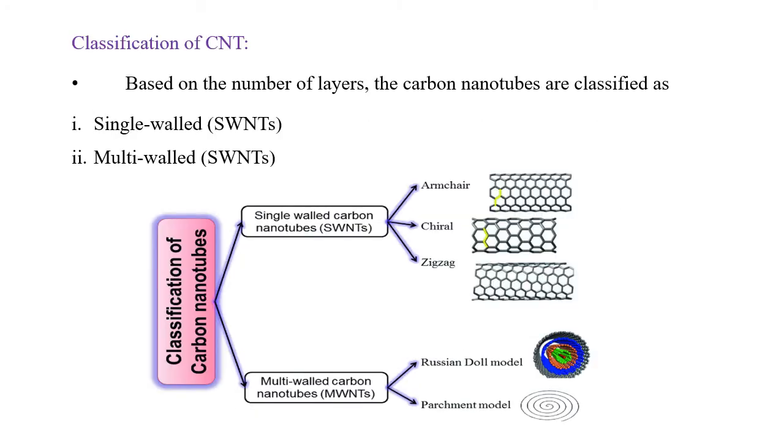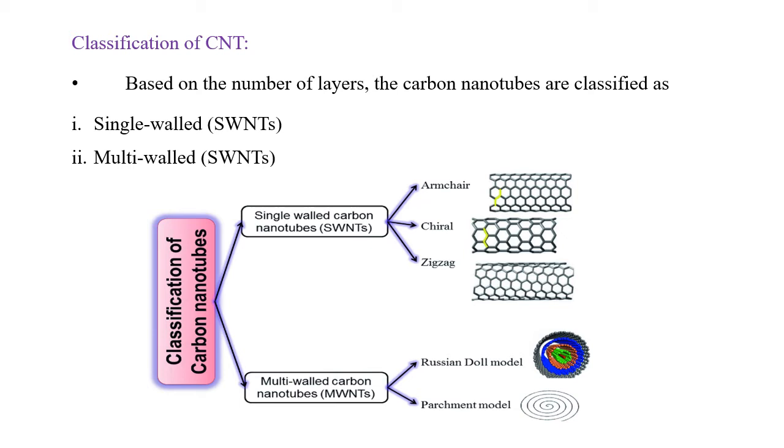Next, classification of carbon nanotubes based on the number of layers. The carbon nanotubes are classified as single-walled and multi-walled.